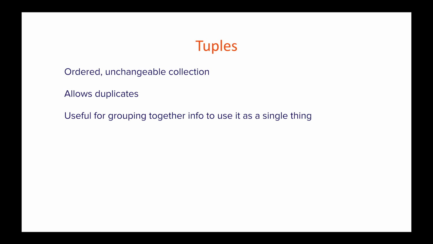So when you want to transmit some information, but you cannot put that information into a single number or a single string, you might want to join multiple pieces of information together and pass them off as one. Okay, so that is where tuples come in.